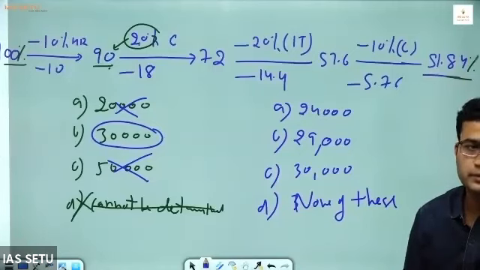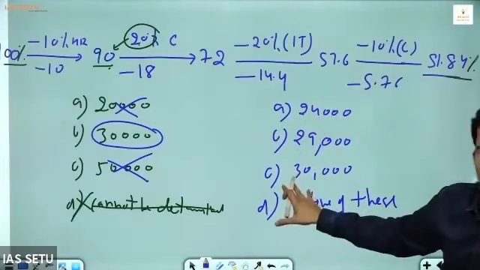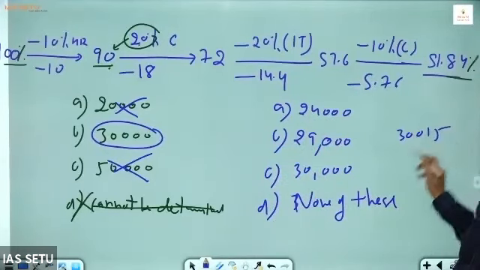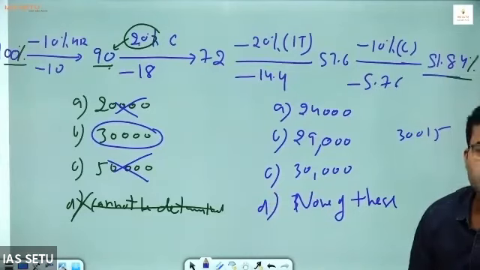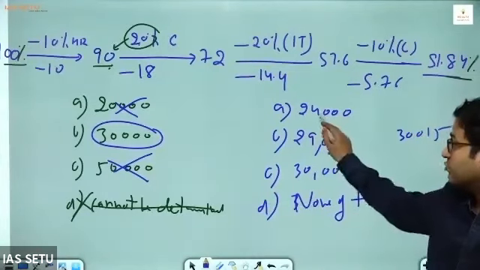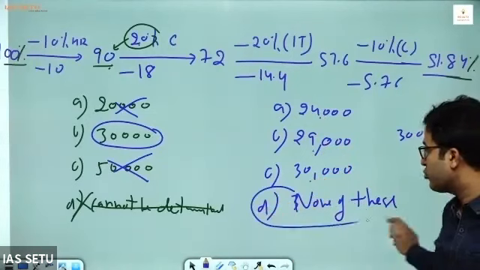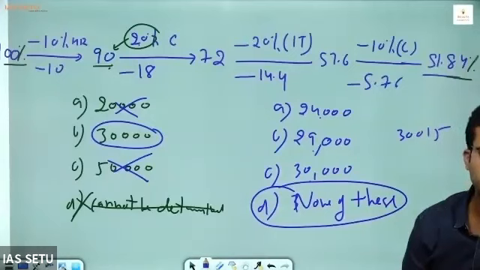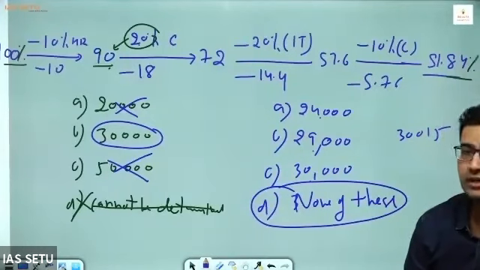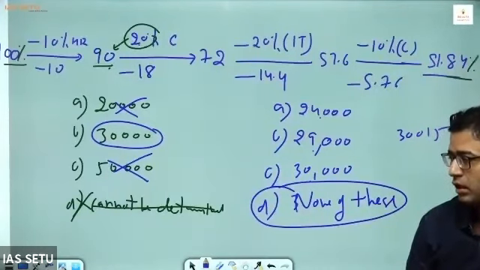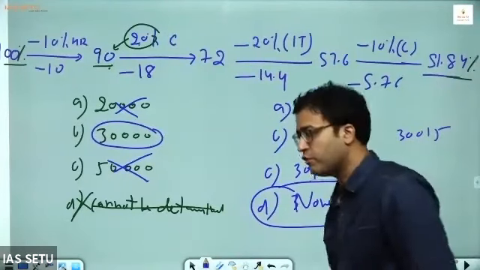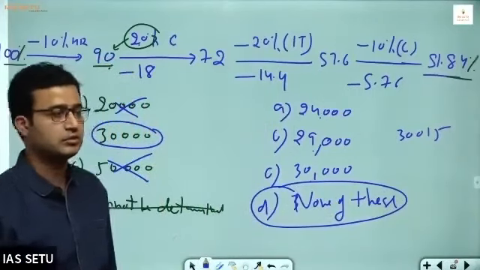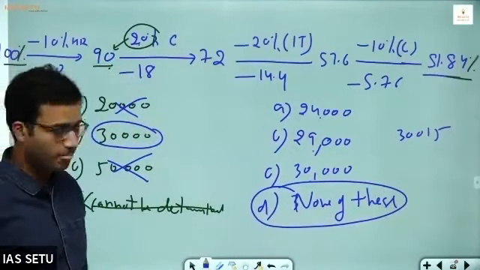If your exact calculation gives 30,000, fine, but in case your exact calculation gives 30,015, you have to mark D. If you are getting any other answer other than 24,000, 29,000, 30,000, then you have to mark D. I will take this in detail when I take the data interpretation class. But you just remember one point. If one of the answer options is given none of this, don't use approximation. Then exact calculation will only help you.